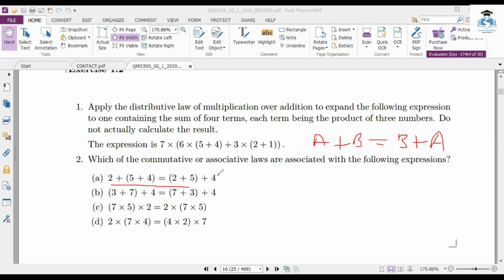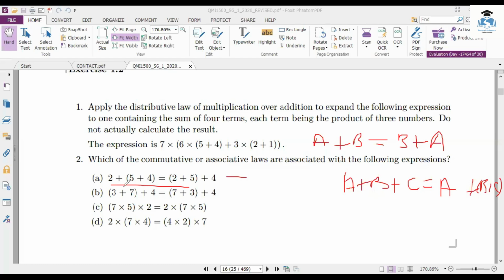Why? Because remember, we are saying A plus B plus C is the same as A plus B plus C grouped differently, B plus C, or the same. So this one is associative.